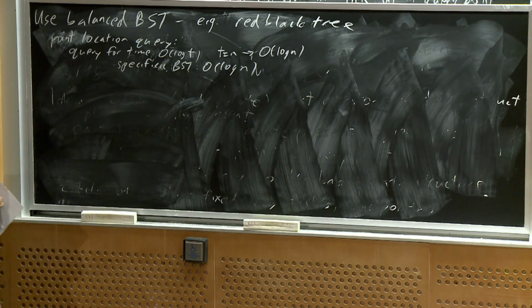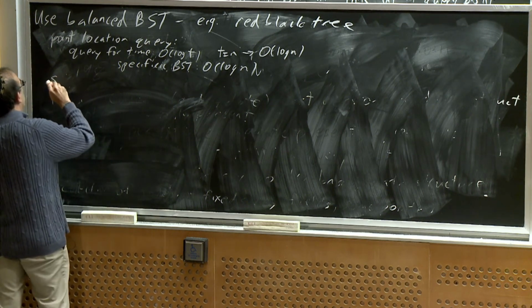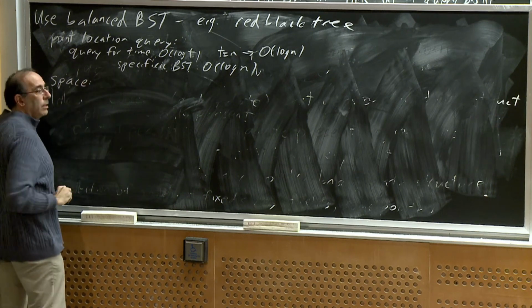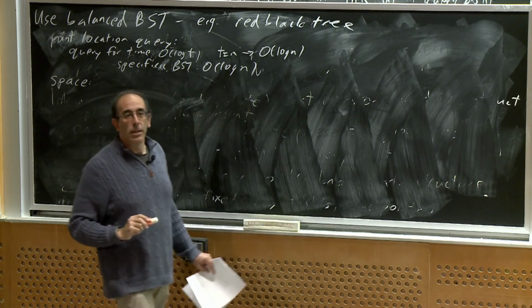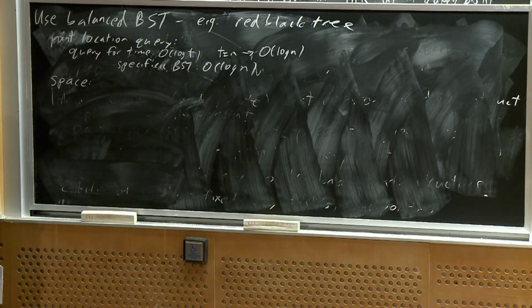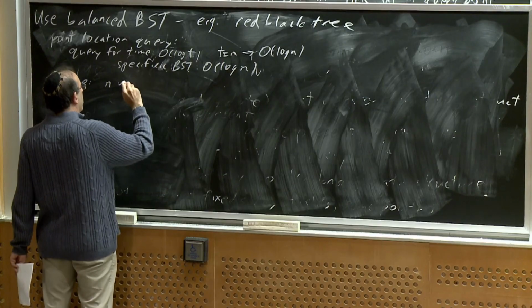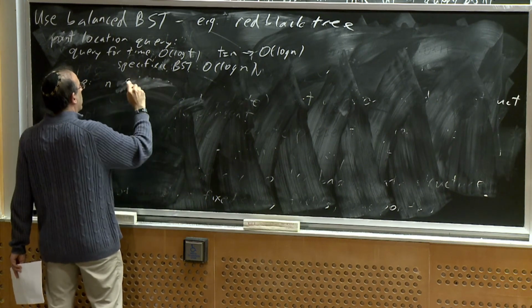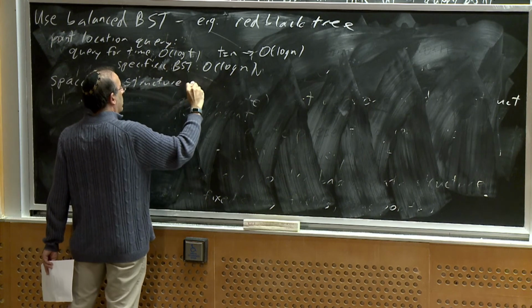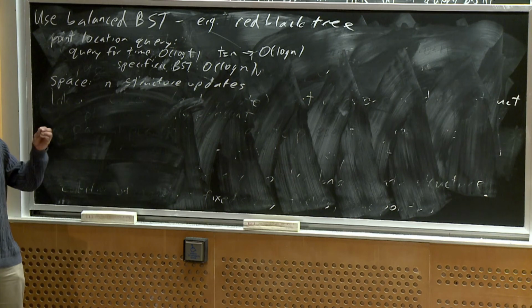What about the overall space cost for this data structure? Yes? How come? So we're doing n updates, but these are data structure updates. So now we need to ask how many primitive field updates happen during a data structure update.